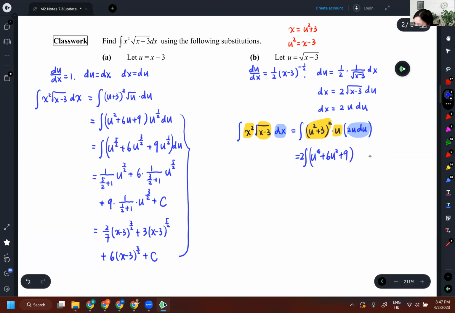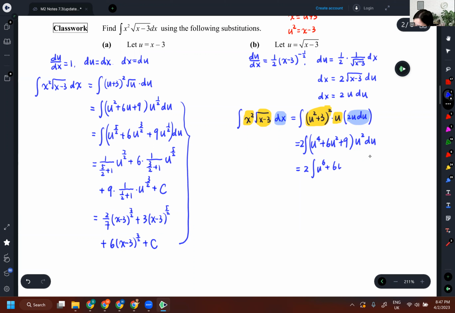That is 2u to the 6, 12u to the 4, 18u squared du. That is 2 over 7 u to the 7, plus 12 over 5 u to the 5, plus 6u to the 3, plus c.